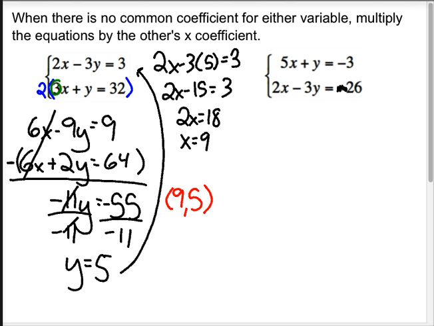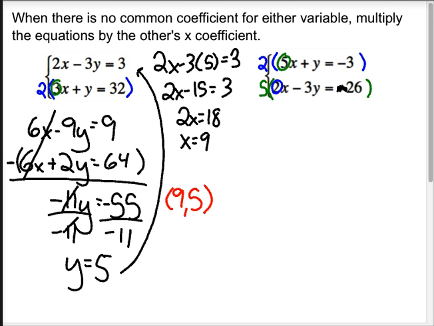So let's take a crack at this. Again, notice my x's don't have the same coefficient and my y's don't have the same coefficient. So I can't eliminate as is. However, what I can do is I can take that 5 and multiply this whole thing by 5. I can take that 2 and multiply that whole thing by 2.